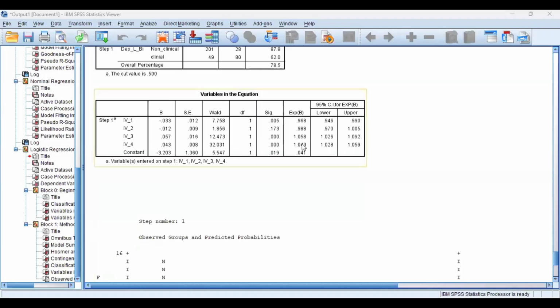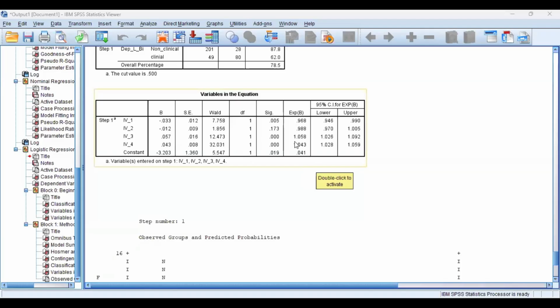So how about the direction? In terms of direction, one tip is that the easiest way is to check the direction of the regression coefficient. If it's a minus, that means that higher levels of your IV can reduce the odds of your outcome variable, for example, the participant being in clinical levels of depression.